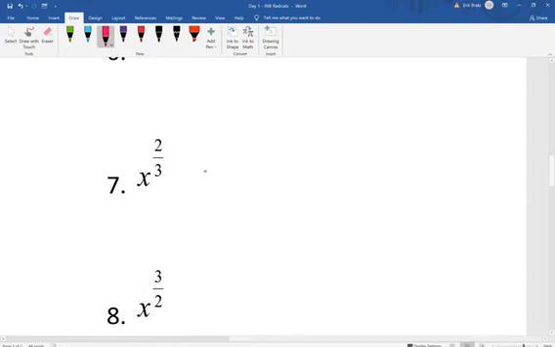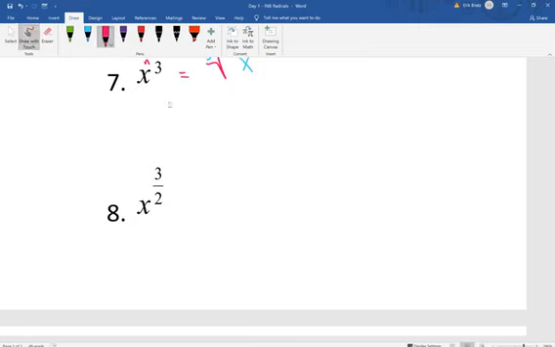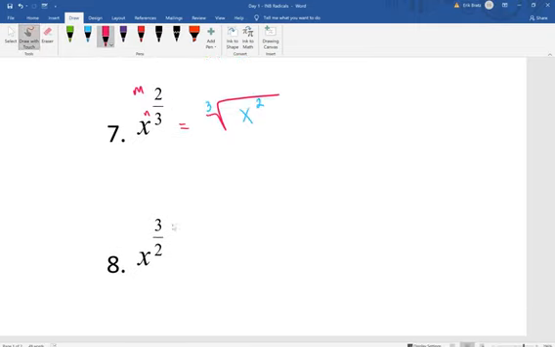Moving on here, we have m over n. So the n number goes on the outside, so 3 is the index. X to the second power. Number on top goes on the inside. And then finally, they just did a little switch here.